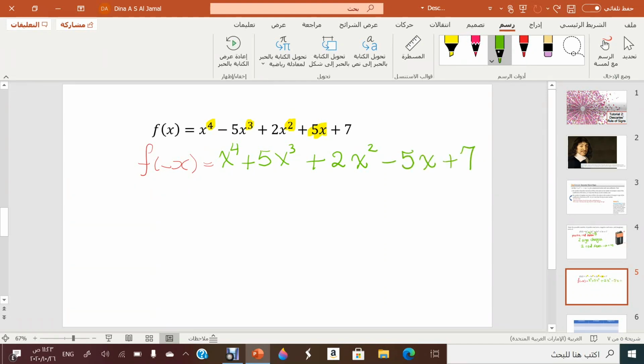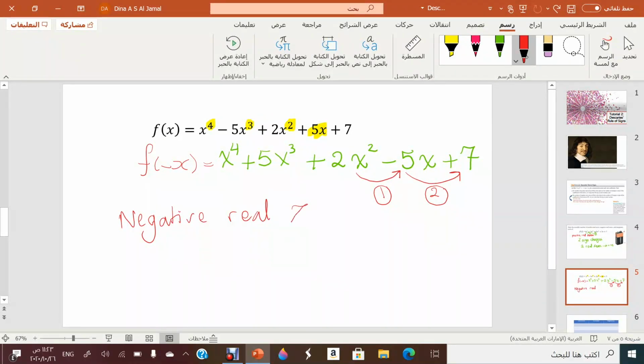And here it is a constant. Now let's count together. How many sign changes do we have? Here no change, all are positive. Then positive, negative, this is one change, negative, positive, another change. So for the negative real zeros, you have two sign changes. That means you have two.